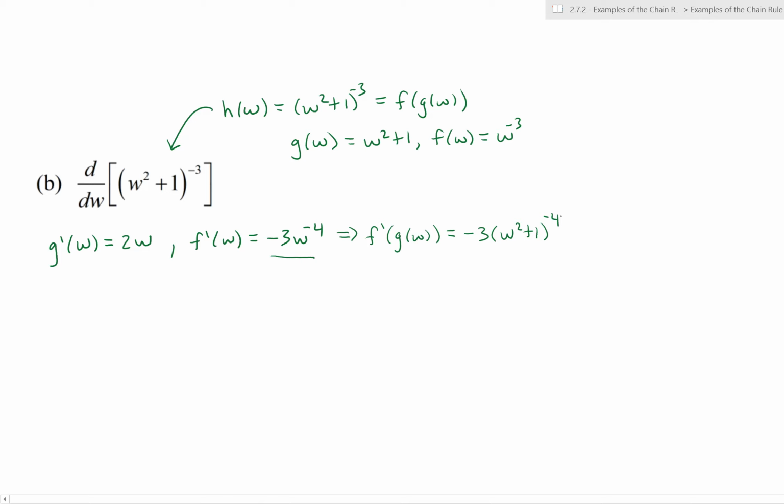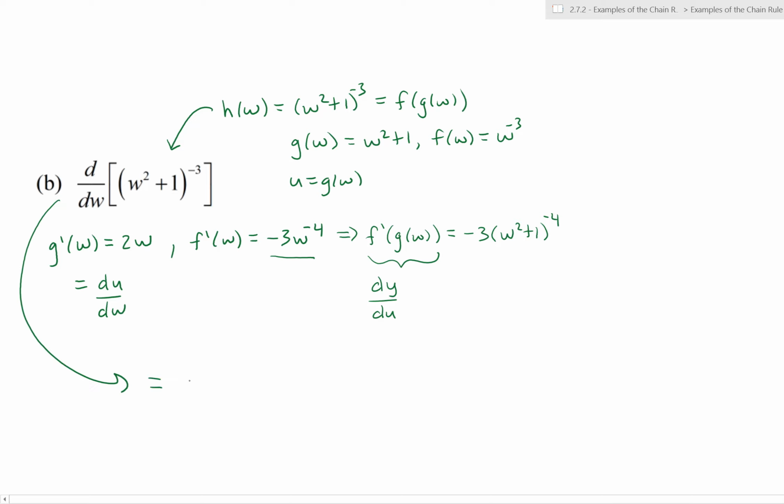Notice that again, if we let u be g of w, then we can interpret g prime of w as du dw, and f prime of g of w is really the same thing as dy du if we thought about it that way. Doesn't really matter which way we think about it because it always gives us the same result, and that is the result that we get here.